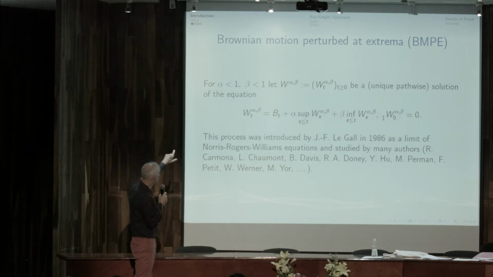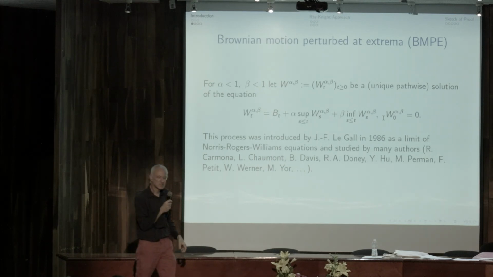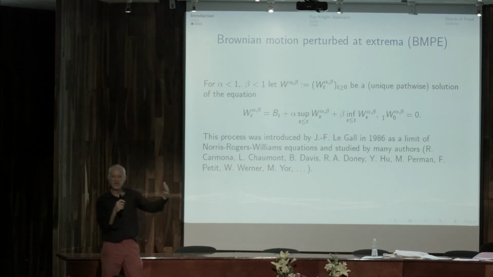This is defined if alpha is less than 1 and beta is less than 1, and it's not obvious, but it's the unique pathwise solution to this equation here. The idea is, when you get to the maximum, you also get a bit of a push, just like a reflecting Brownian motion. When you get to 0, you get a push. It's the same idea, okay? You get a push.